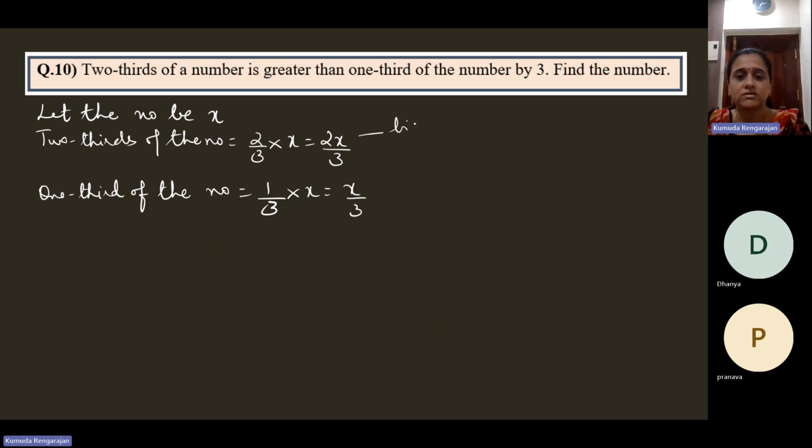This is big, which means this is small. So the bigger value minus the smaller value is equal to the difference, 3.